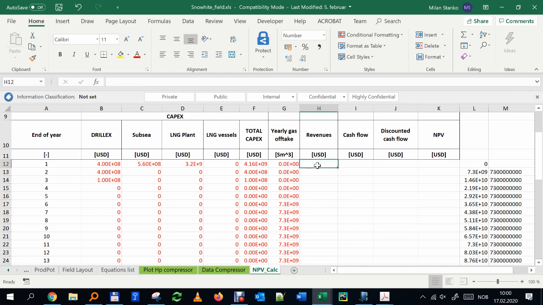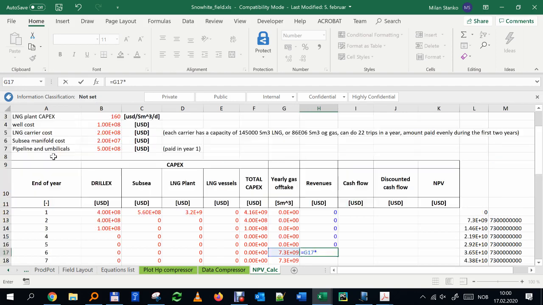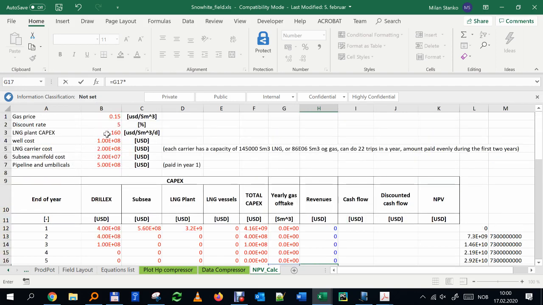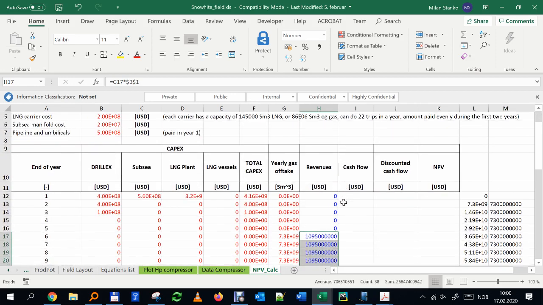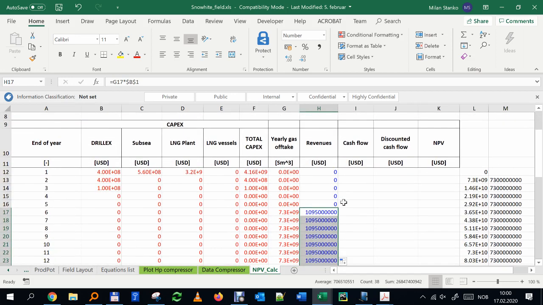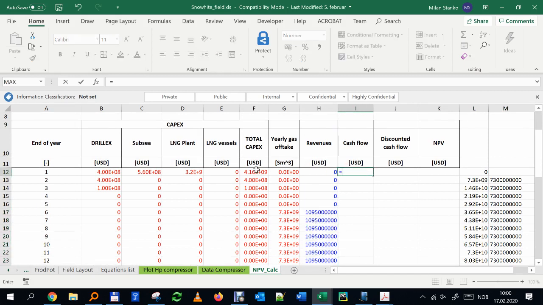Revenue, initially I don't have any revenue, but at year 6 I start to sell this gas, and the price of the gas is here. I block it. I don't have any condensate, I don't sell anything else from this plant, so I just sell the gas as LNG. Cash flow then becomes the revenue minus the expenditure.